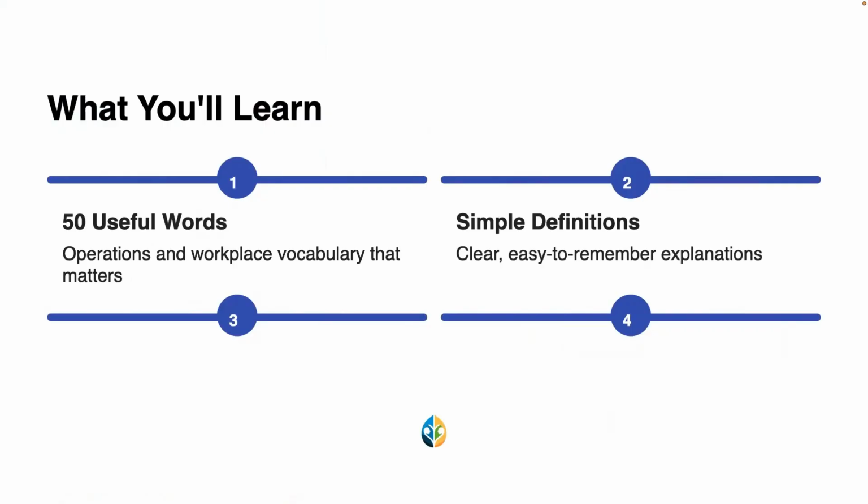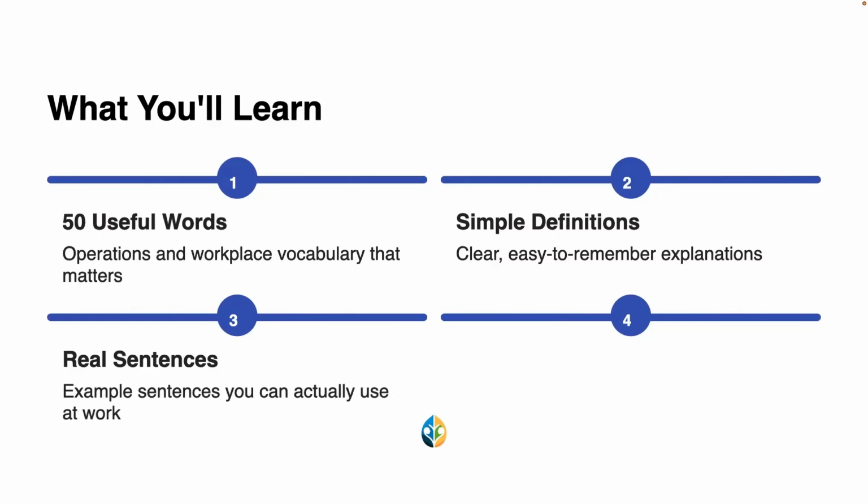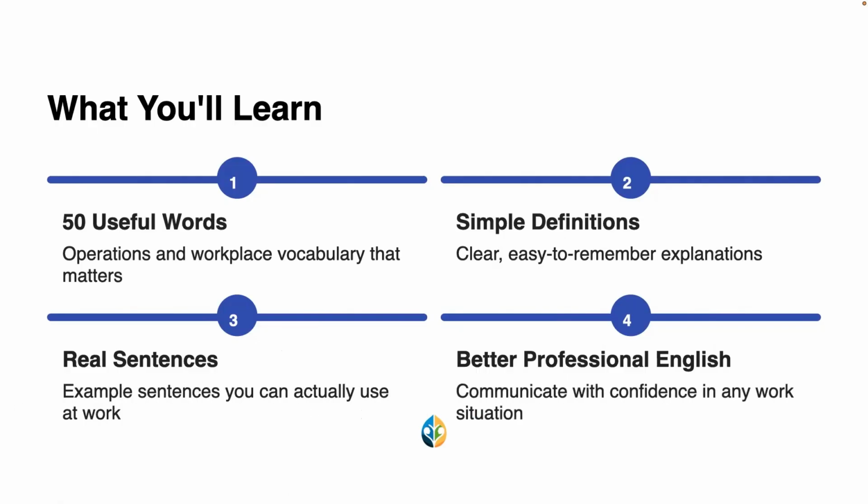Simple definitions, clear and easy to remember explanations, real example sentences you can actually use at work. All in all, you're going to have better professional English. You're going to be able to communicate with confidence in any work situation.